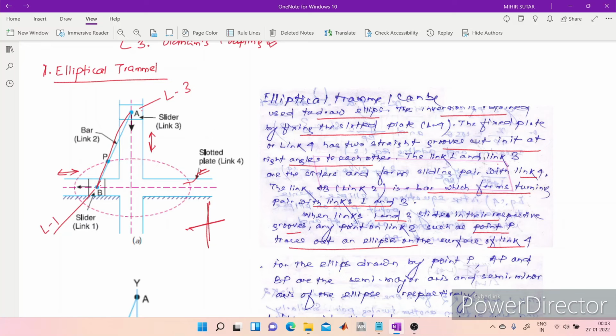So this ellipse will be traced if we consider any point on the second link, link 2.